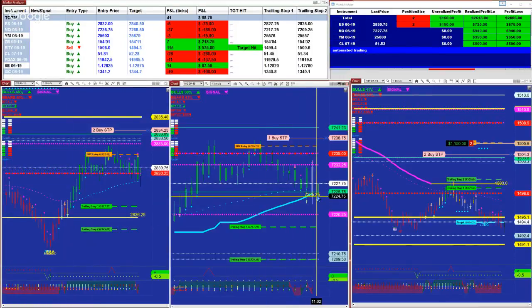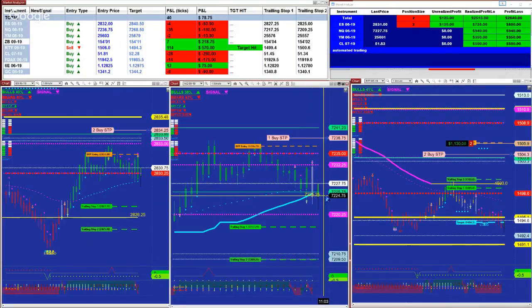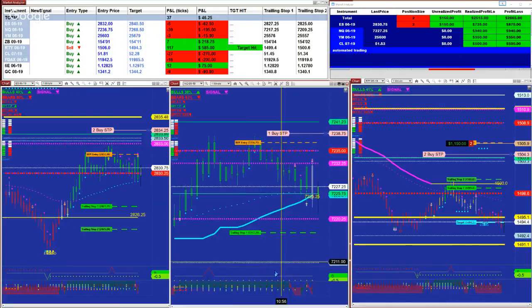Another thing, we know the re-entry point is written right there on the chart with the Nasdaq 72 to 25.25. We already have covered that.